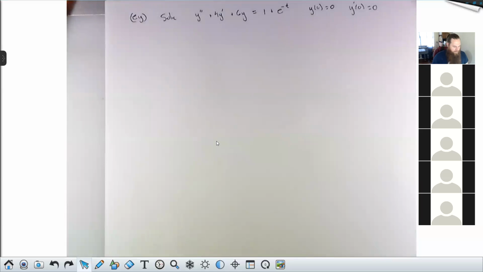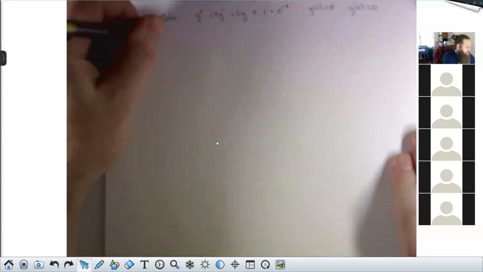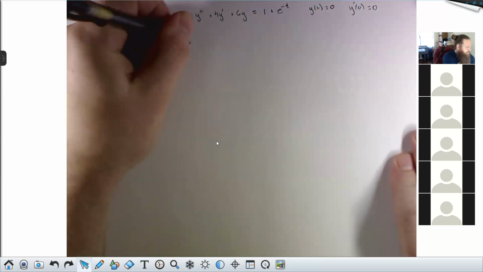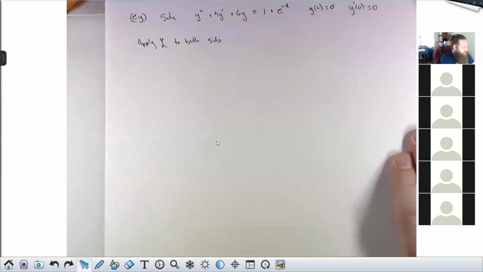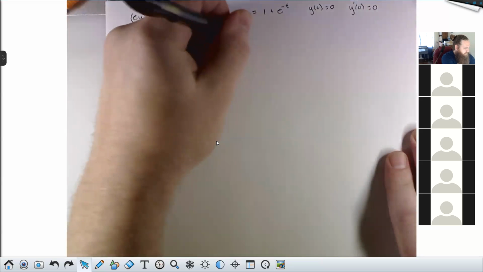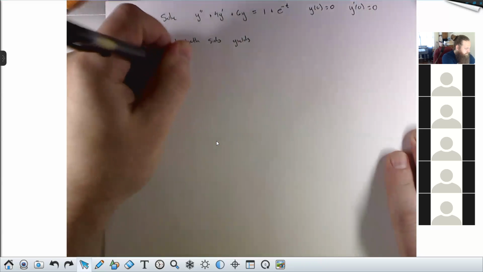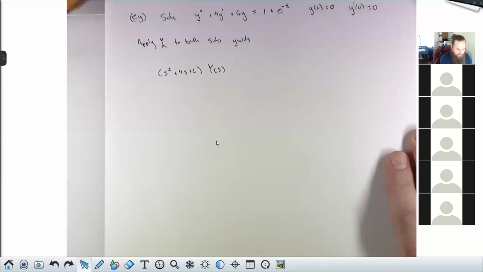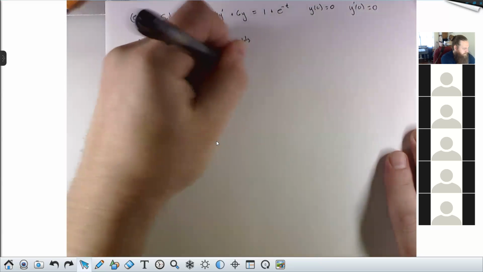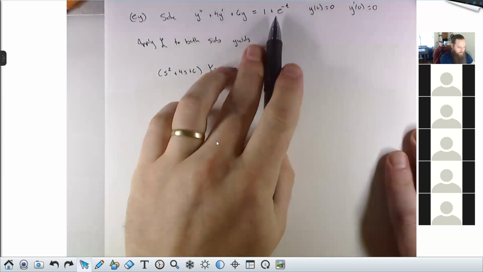All right, applying the Laplace transform to both sides. I'm going to jump down to the result. You're going to get (s^2 + 4s + 6) Y(s) equal to the Laplace transform over here, which is 1/s + 1/(s + 1).